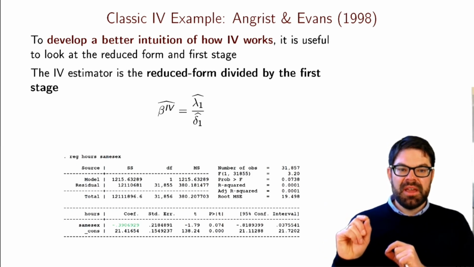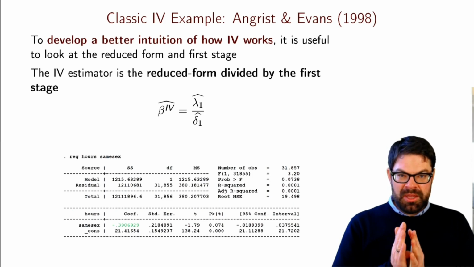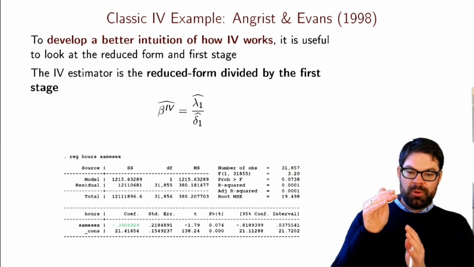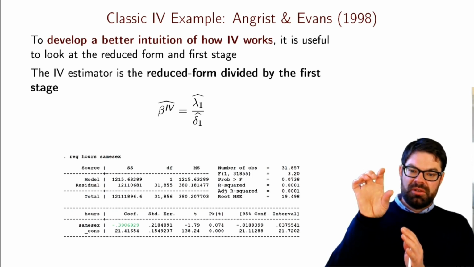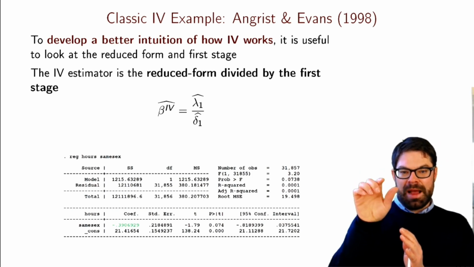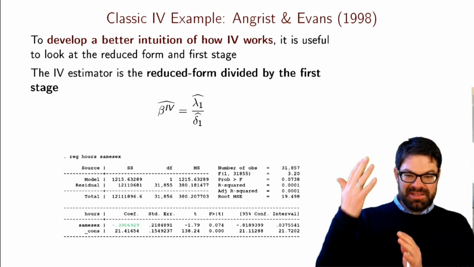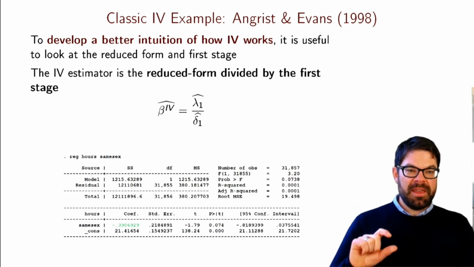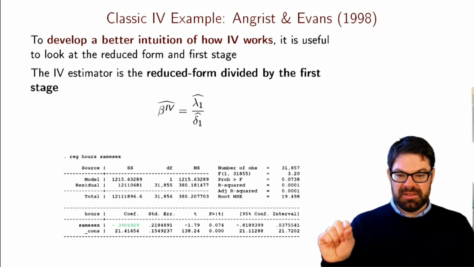It tells us that women whose first children were of the same sex work per week on average about 0.4 hours less, so about 20-something minutes less. Okay? This is a small effect, but it's statistically significant.